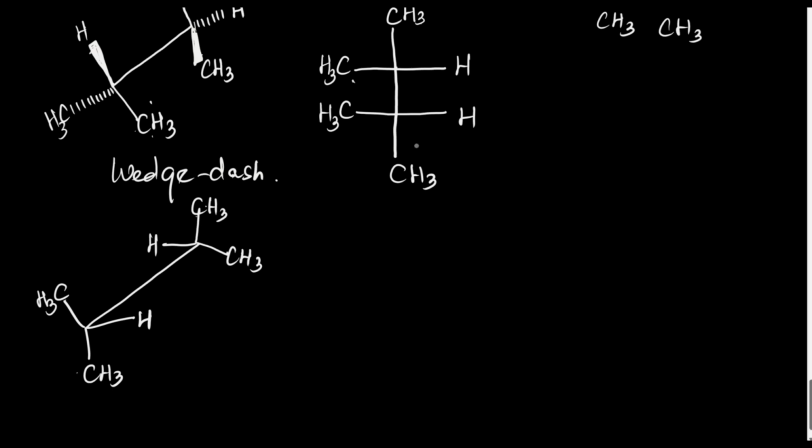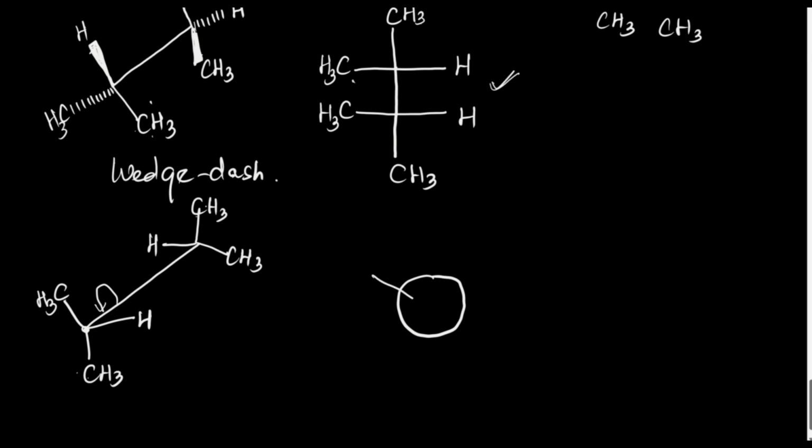Both the CH3s are opposite, hydrogens are opposite. While doing the rotation, I can get it on the same side. That will equal this structure. Right? Clear? So now let's see the Sawhorse projection also.